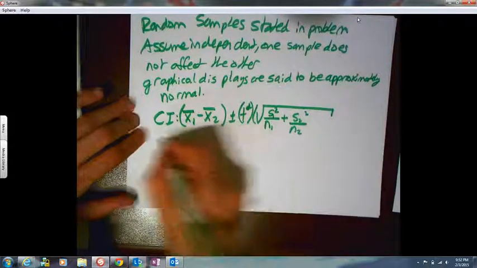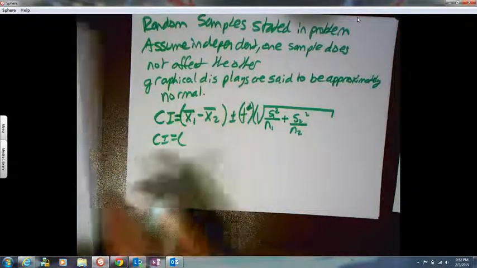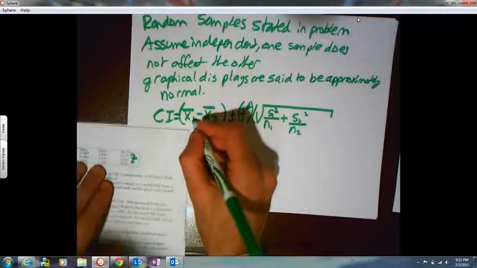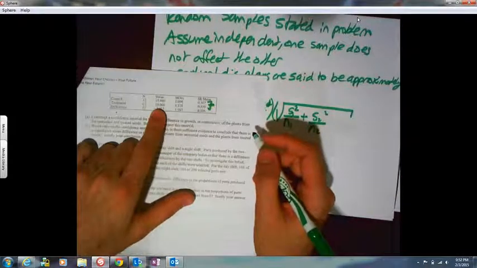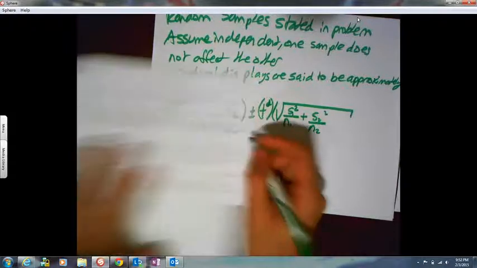I'll just call 1 the treatment, so 18.004 minus 15.989.